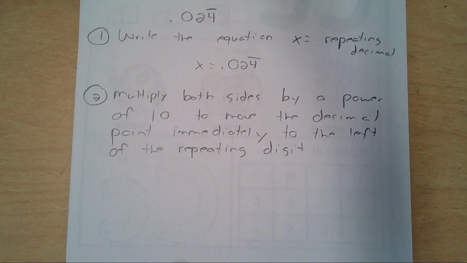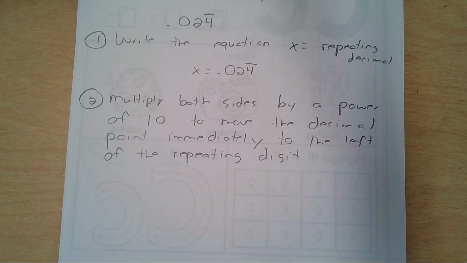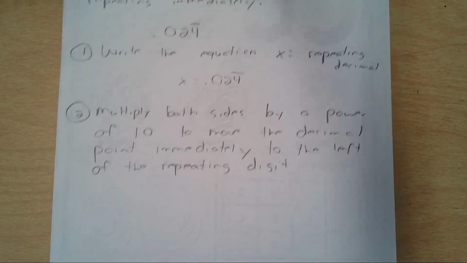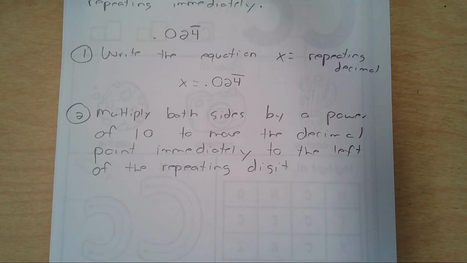I'll let you write that here. Multiply both sides by a power of 10 to move the decimal point immediately to the left of the repeating digit.